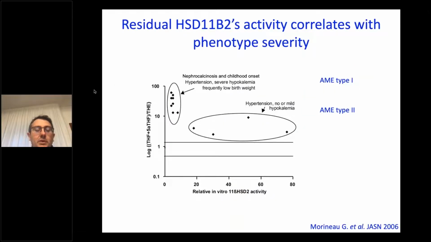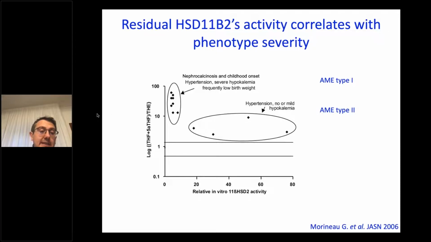Two forms of this syndrome have been identified in relation to the residual enzyme activity. Usually the majority of the forms are diagnosed in infancy, before 5 years old, and they are sustained by a very severe reduction of enzyme activity.